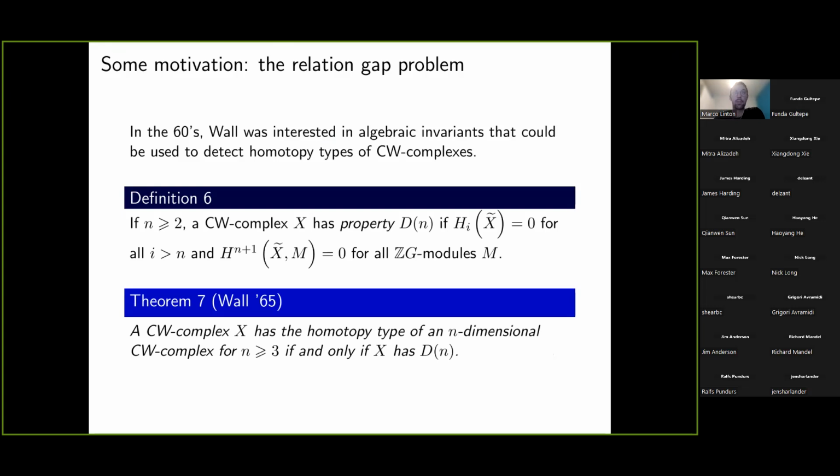And so he came up with this property Dn. There's one for each n greater than or equal to 2. There's also one for n equal to 1, but it's slightly different, so I'm not going to mention it here.